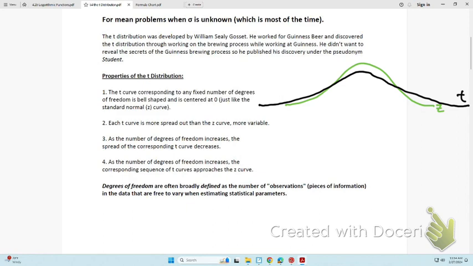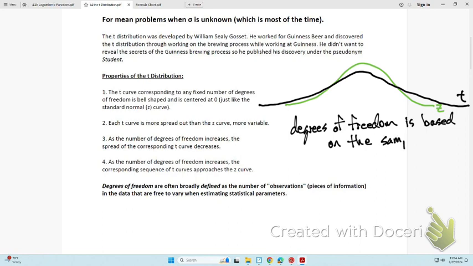T is dependent, or no, let's back up, sorry. T is dependent on degrees of freedom. That's what this thing is talking about constantly. And degrees of freedom are based on the sample size.